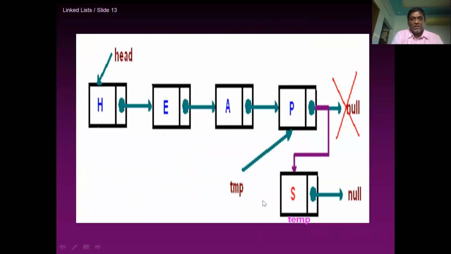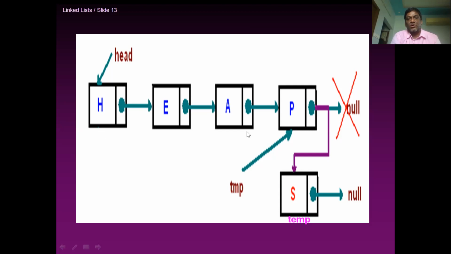Let us see this. TMP is here at the beginning. The loop is iterating by checking the condition TMP next not equals to null. TMP next, is it not equal to null? Yes, there is some node. Therefore, move TMP over here. Again, it checks TMP next not equal to null.